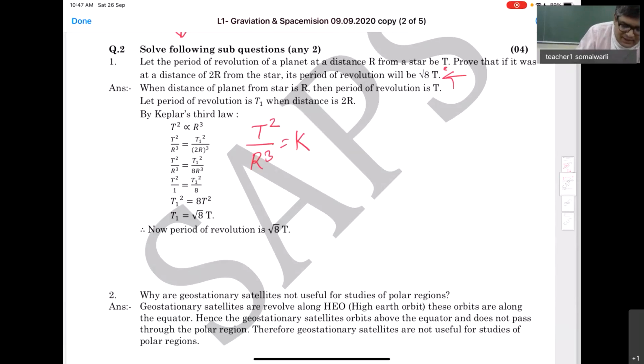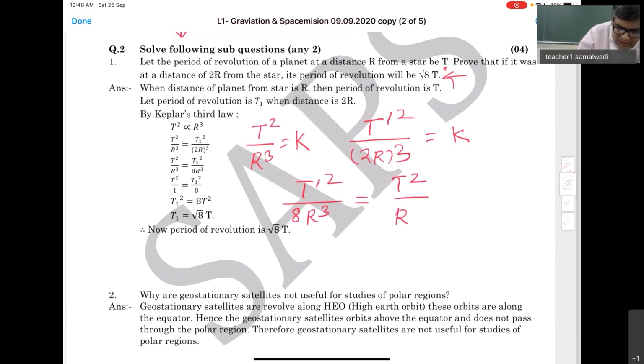And therefore we can say that if T dash is the new period of revolution, then T dash square upon 2r whole cube is also going to remain constant. So if we simplify this, we get T dash square upon 8r cube is equal to T square upon r cube.